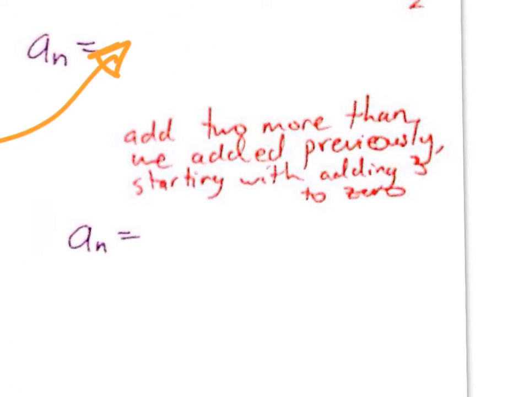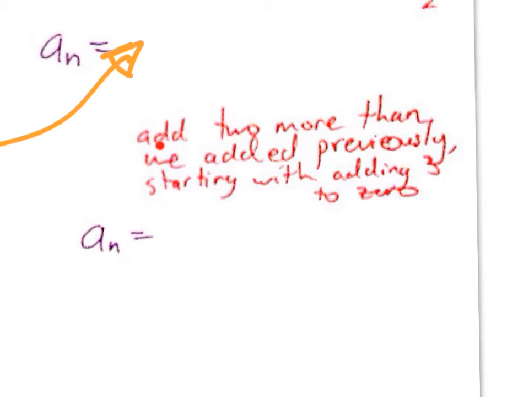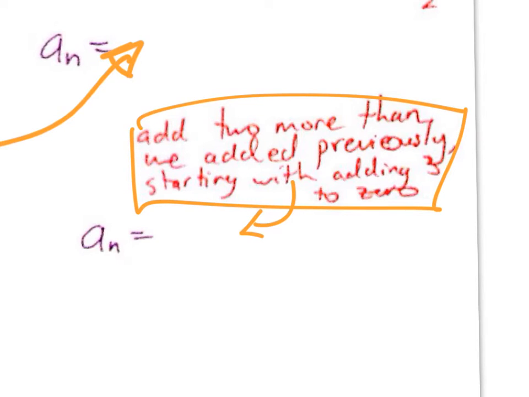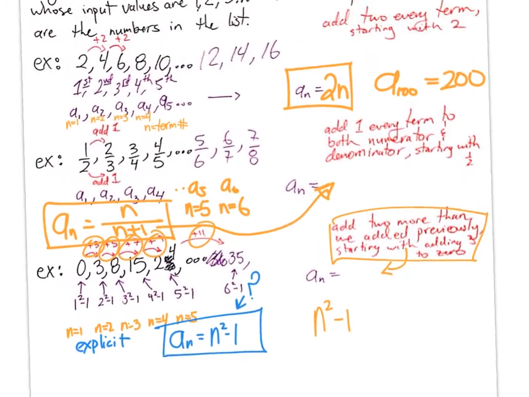I was describing this in words, and I said you add 2 more than we added previously, starting with adding 3 to 0. That gets a little complicated when we're trying to turn it into an explicit formula. But luckily, we saw that it was 1 less than a perfect square, and we were able to come up with this explicit formula.